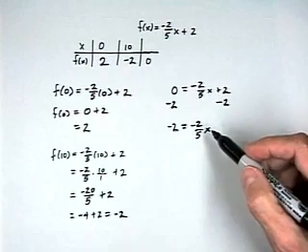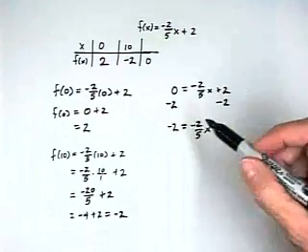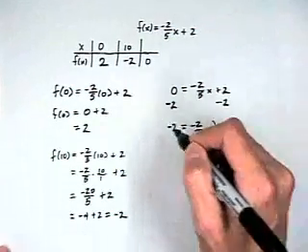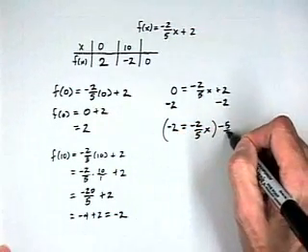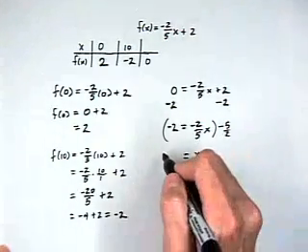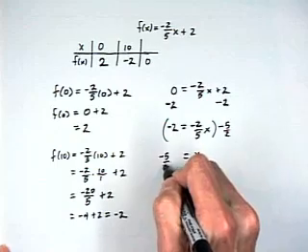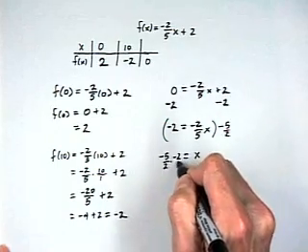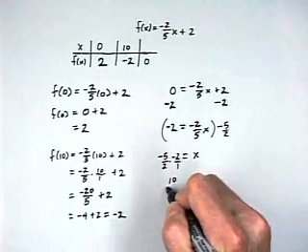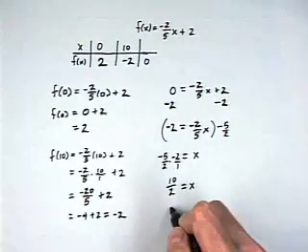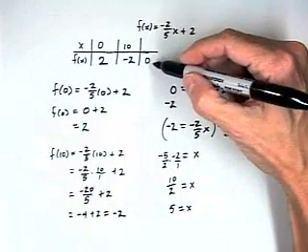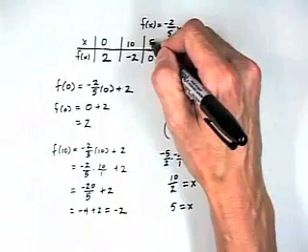Since I want x, I'm going to multiply each side of the equation by the reciprocal of negative 2 fifths, which is negative 5 over 2. What that leaves on the right-hand side is x. On the left, I need to figure out negative 5 over 2 times negative 2, which I will put over 1. This simplifies to 10 over 2, or 5. So when y, or f of x, is 0, x is 5.